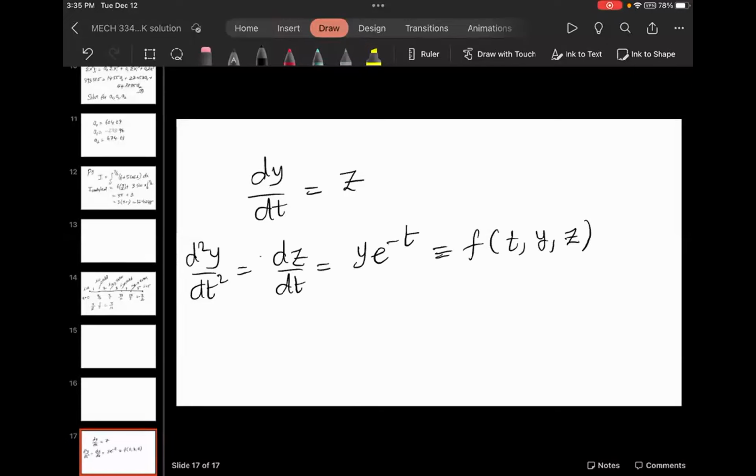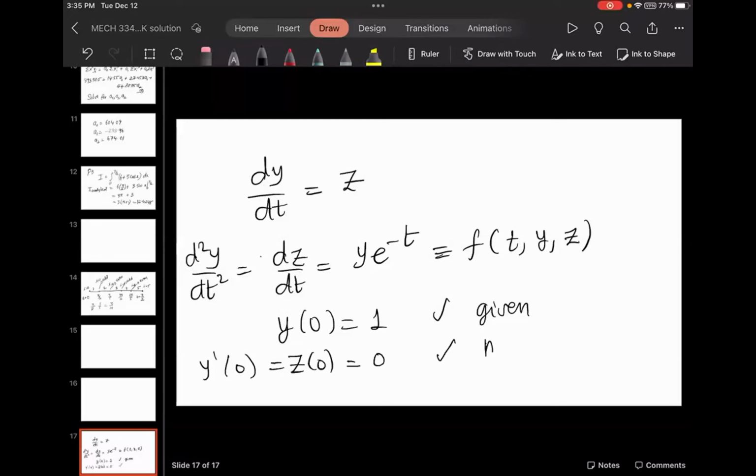And in fact, you need initial conditions, y of 0 equal to 1, that is given. And in the mock exam, I think I made a mistake that I haven't given what is y dashed of 0, which is z of 0. Let's take that to be 0. It's missing, but now I'm adding.